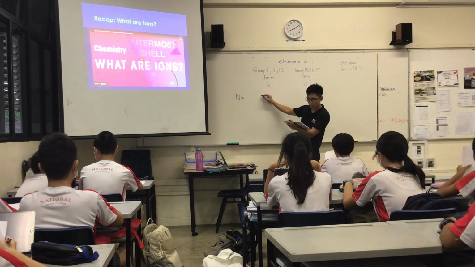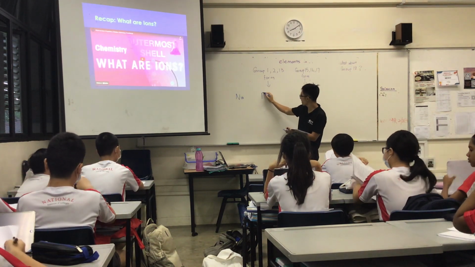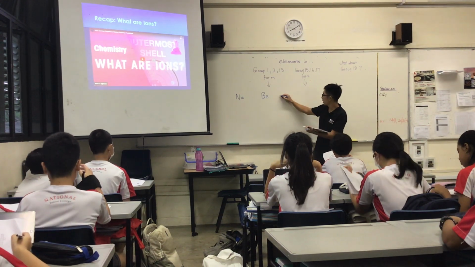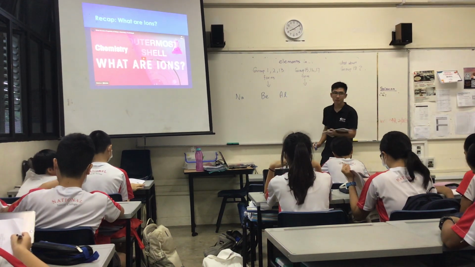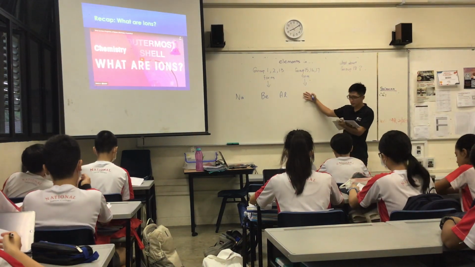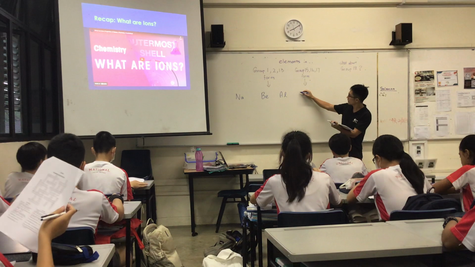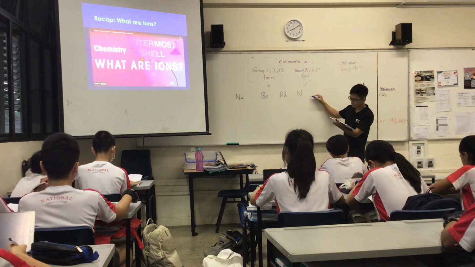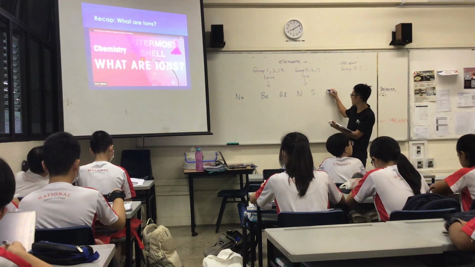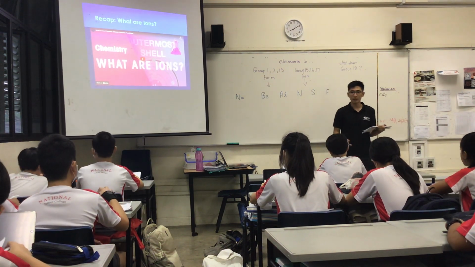I have another from group 2, beryllium. Another from group 13, aluminium. So everyone stand by. I'm going to ask you for the electronic configuration. For group 15, I would like nitrogen, sulfur, and fluorine.